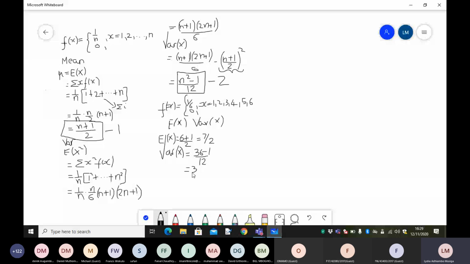So we are saying that if we have a situation where the PMF belongs to the family of discrete uniform distributions, then we can easily get the expectation by using equation 1, and we can also get the variance by using equation 2. Equations 1 and 2 will help us to get the mean and variance.